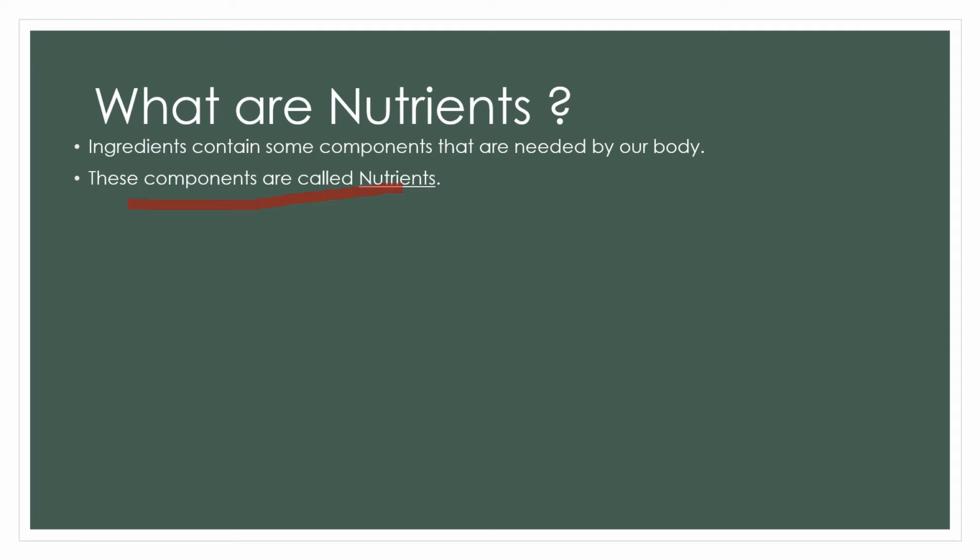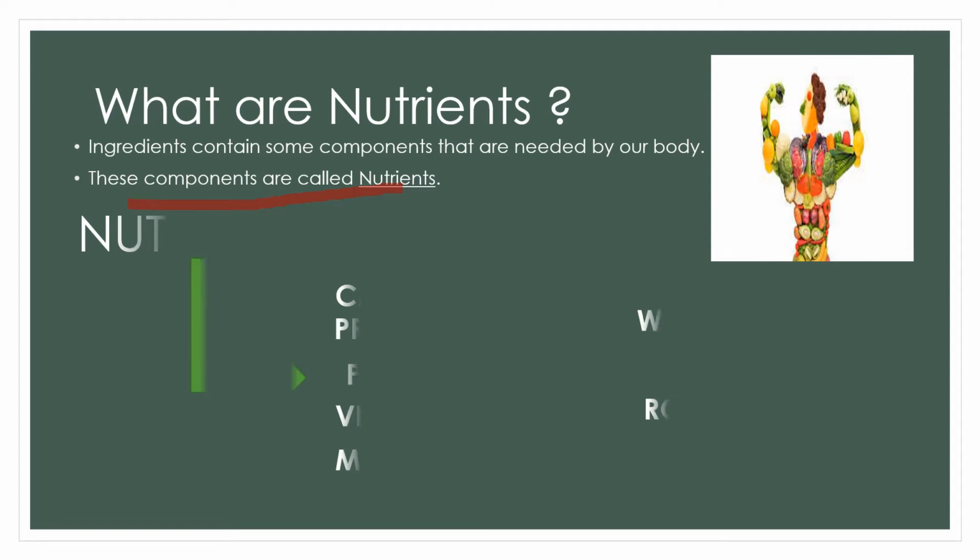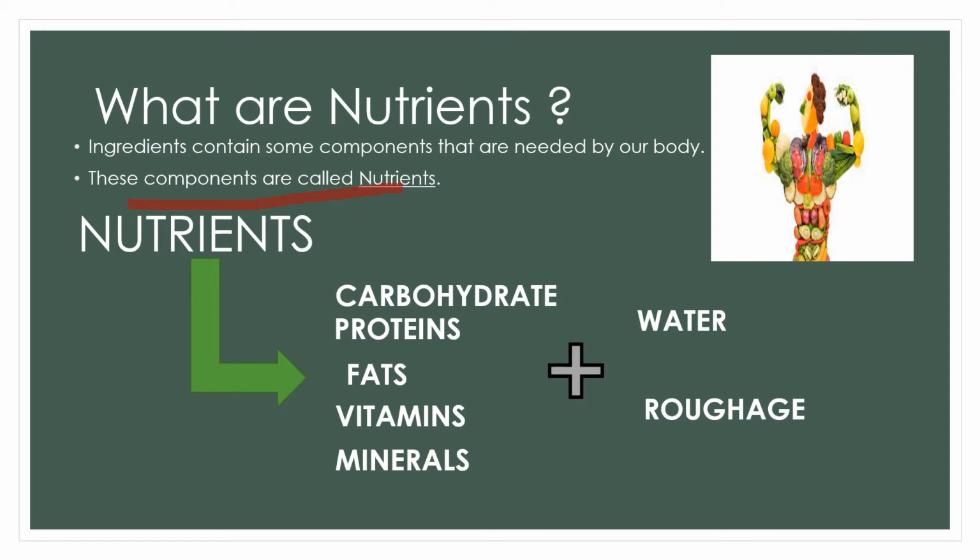Got it? We have various nutrients: carbohydrates, proteins, fats, vitamins, minerals, water, and roughage. So let us discuss one by one.